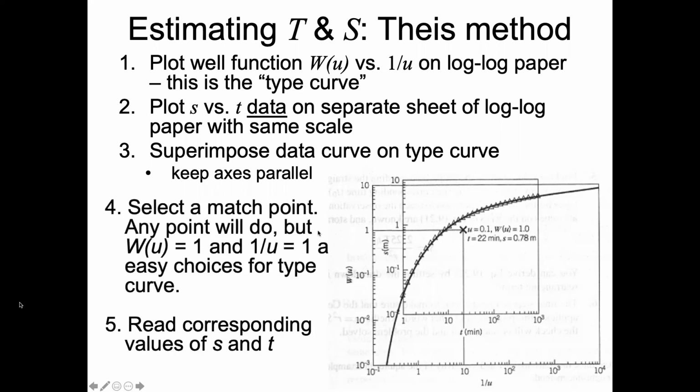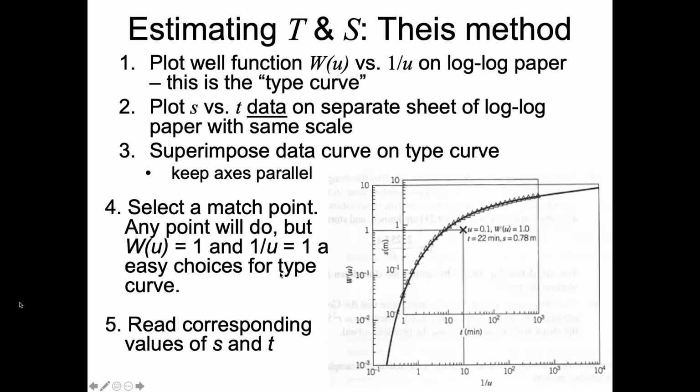Then you can select any match point. And so oftentimes, folks will say, use a match point of 1 and 1 over U, which is equal to maybe something like 1 in our instance too. Or something of that general consensus.